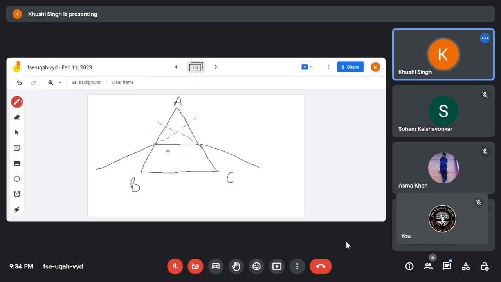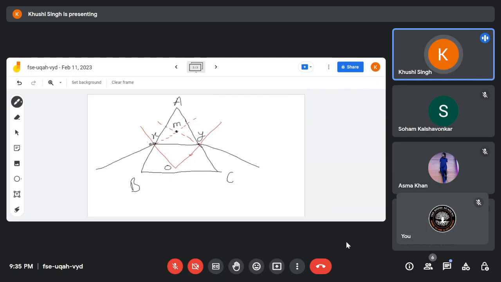Then I have a normal. Now I'll name it. This is my point X. This is my point Y. This is my O. And this point where it is meeting, I will call it M. Right. Now let's see the angles.